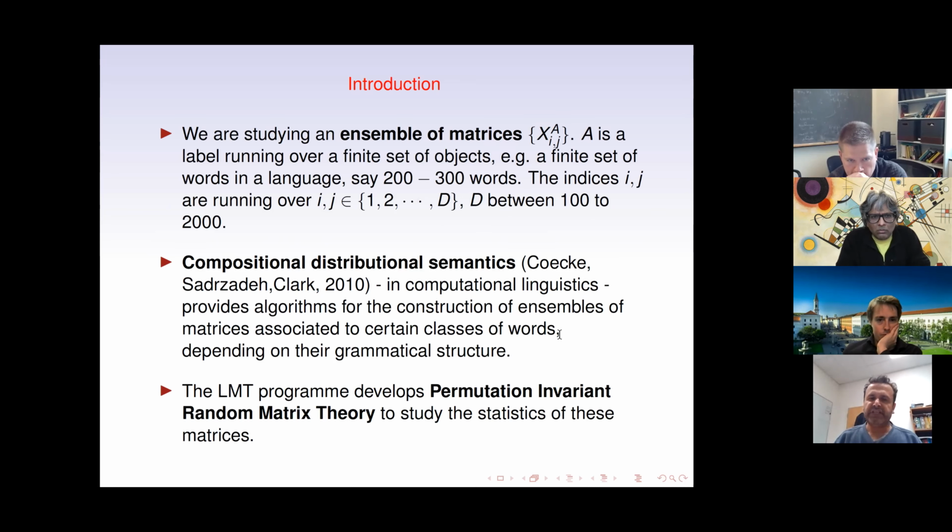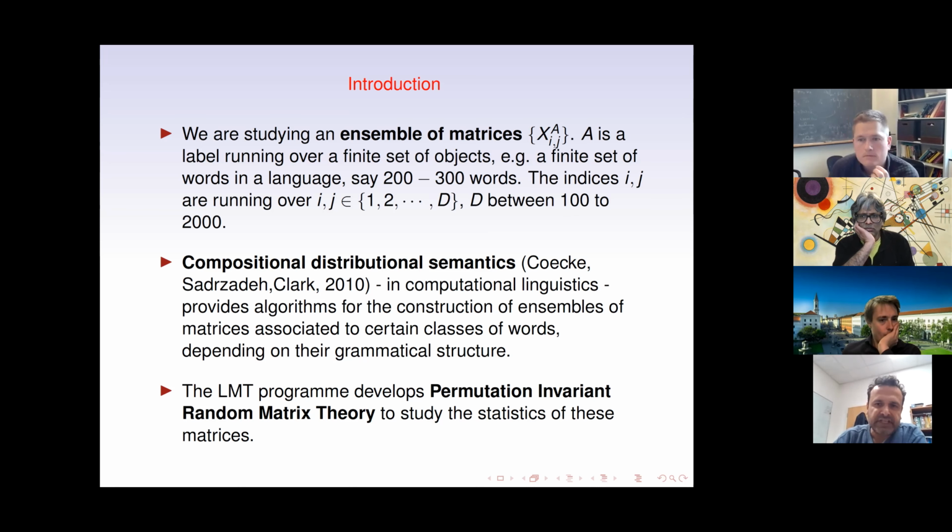Basically, we're studying something rather generic that could come up in many situations where you have an ensemble of matrices, where A is an index that runs over the ensemble. For example, there'll be about 200 words we're thinking about, or perhaps 1,000, depending on the situation. For each word, we have a matrix of size D, and D can be between 100 and 2,000.